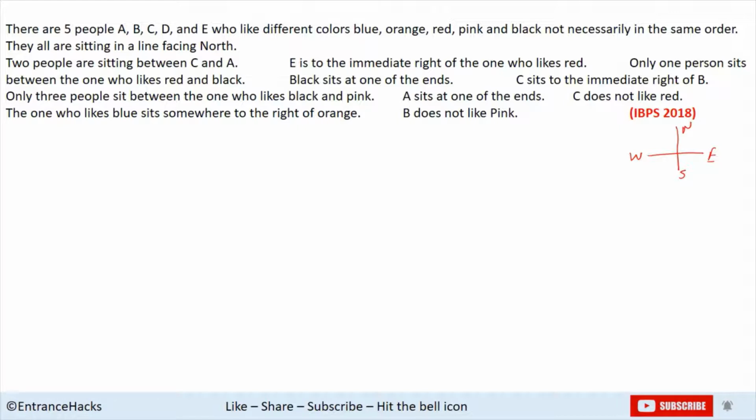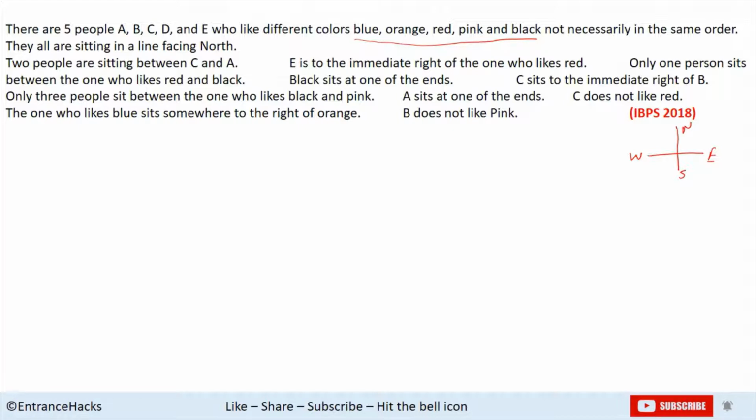So there are blue, orange, red, pink and black. Either you can write it somewhere in the rough sheet, or you can just cross them here itself when you get to know who likes which color. So then coming directly to the statements, let us try fitting them on blanks or in rough space.